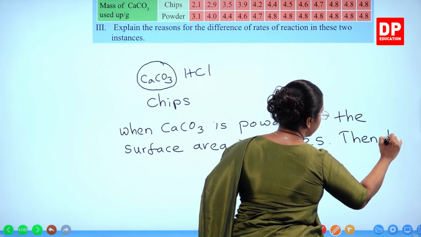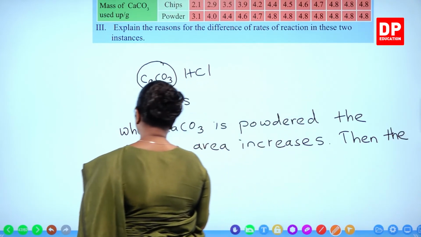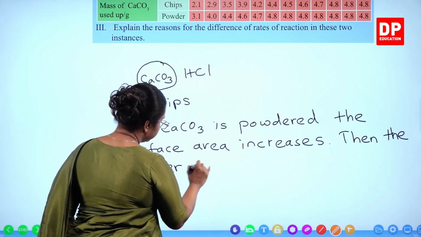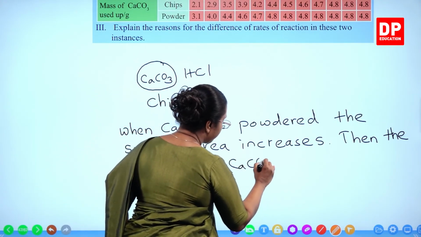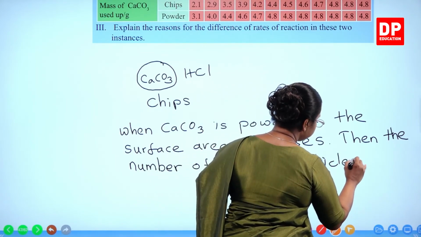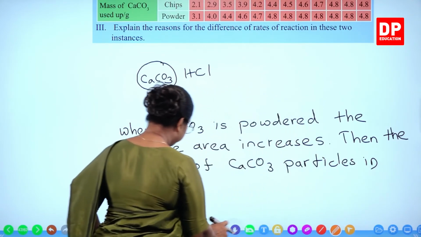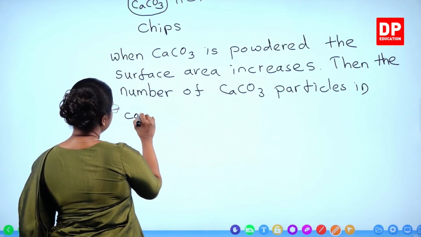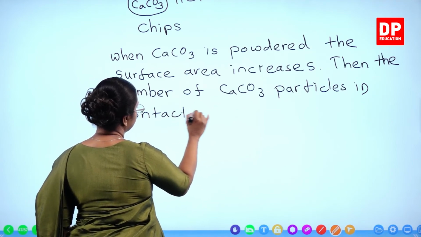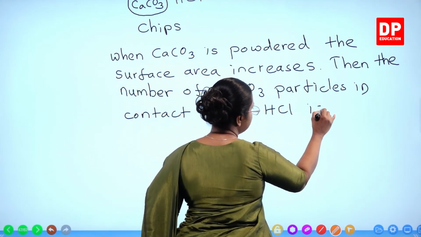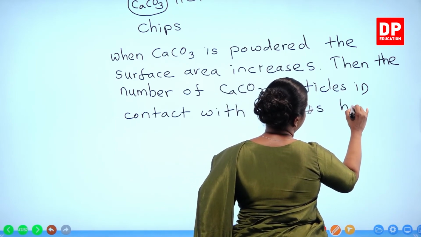Then the number of calcium carbonate particles in contact with HCl is higher.